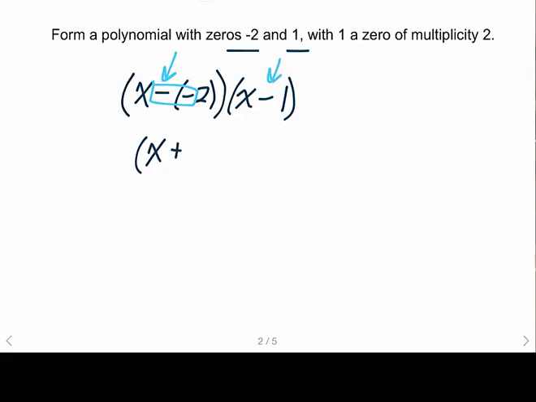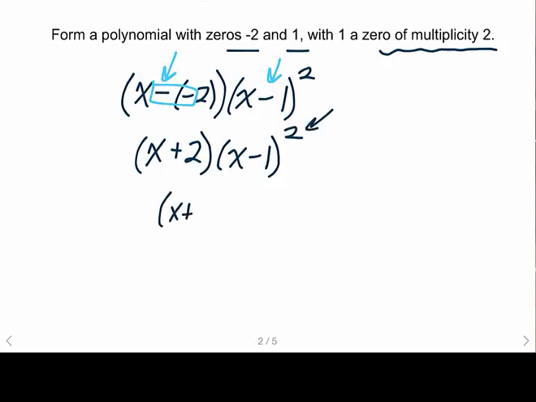x equals negative 2 gives us a factor of x plus 2. And then that's going to be multiplied by x minus 1. But wait a minute. This was a zero of multiplicity 2, 1 was. So we're actually going to have the polynomial x plus 2 times x minus 1, the quantity squared. Using the order of operations, we're going to apply exponents before multiplication.